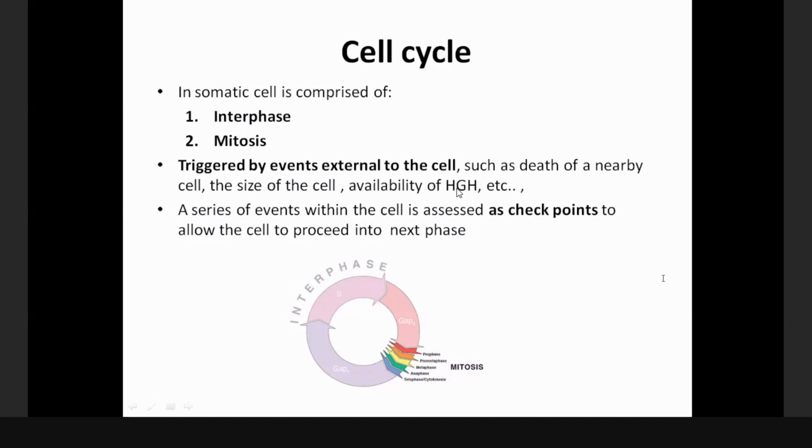When human growth hormone is produced, cells are able to divide. They would be stimulated and cells are dividing. Lack of human growth hormone could stop cells dividing, so it inhibits, so cells are not dividing. It leads to just a small-sized individual.